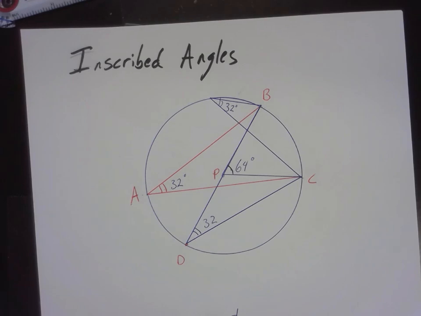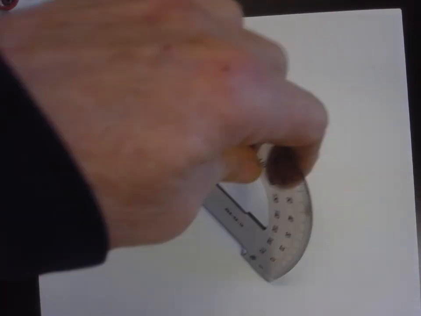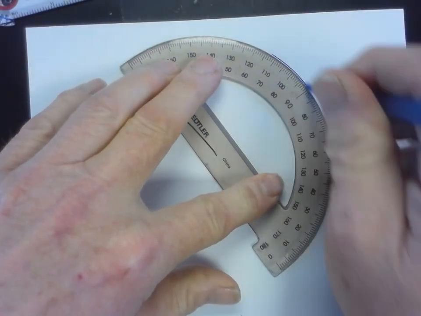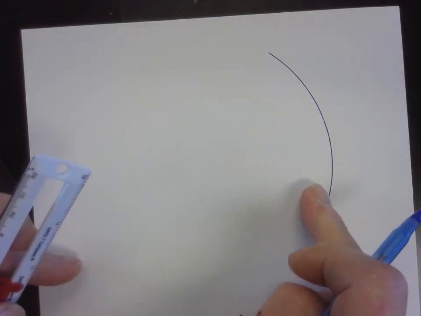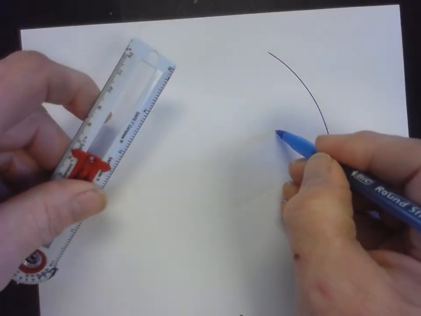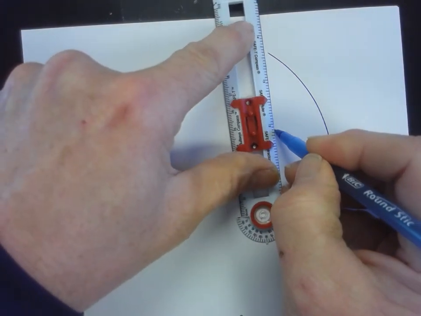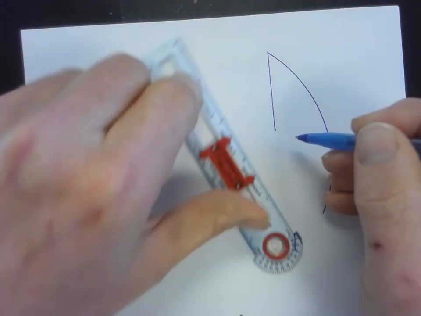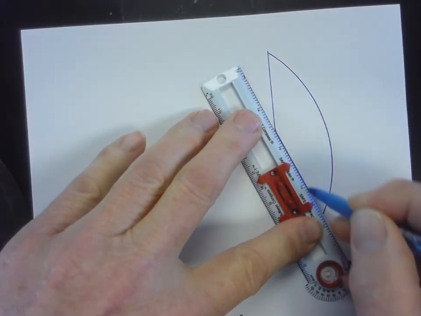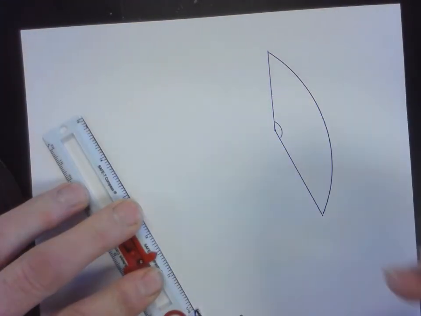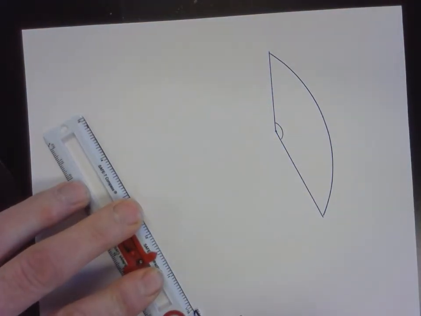Yeah, I suppose if we just look at some arc here, right? Okay, so here's an arc. If I start up here close, we can see that that's a fairly large angle, isn't it? Close to 180, right?